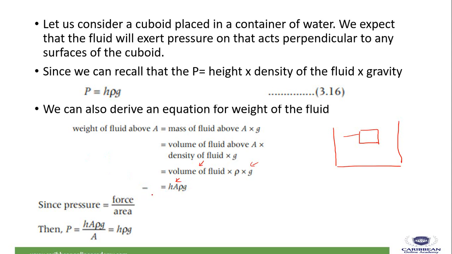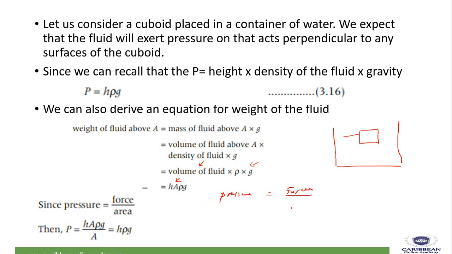There are many things that we're recalling here. We have now come up with a formula for the weight, and we know that pressure is equal to force divided by area.